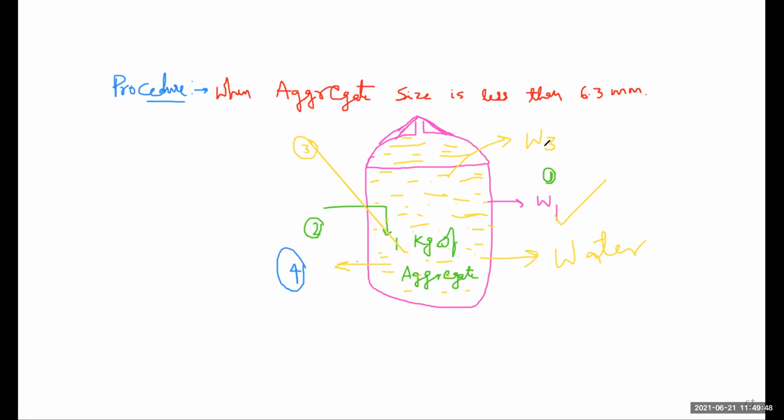Here we see all the aspects of how the tests are carried out for assessing the properties of our coarse aggregate and their suitability for use in the construction of our pavement layers, because during construction the aggregates are generally used in the base course and also in the surface course. So these principles and tests are generally adopted during the construction of our pavement layers.